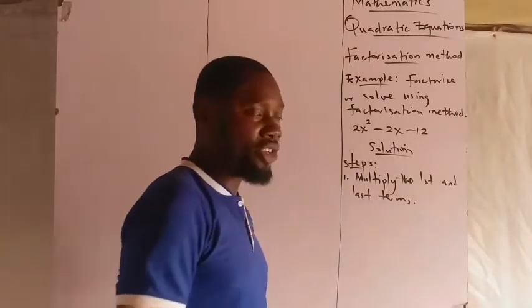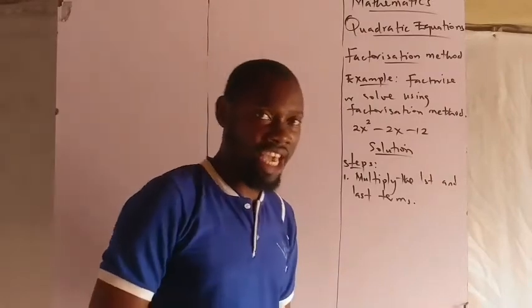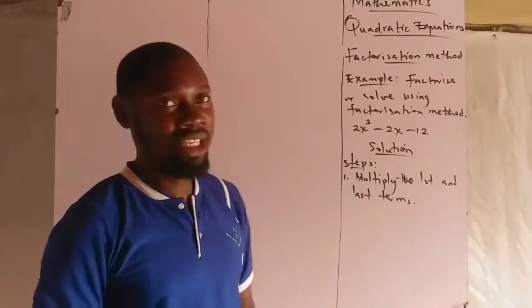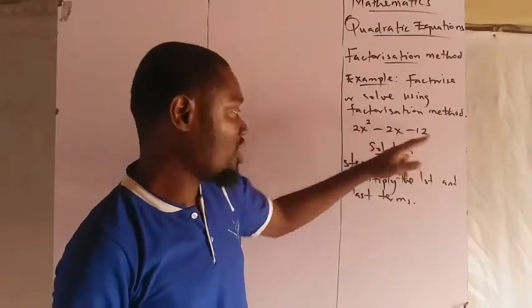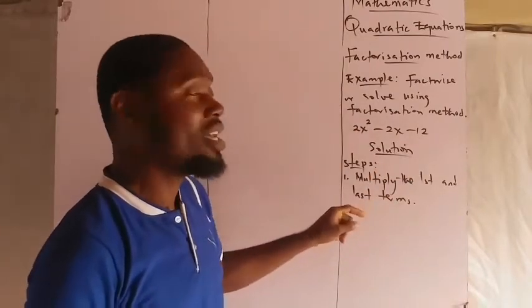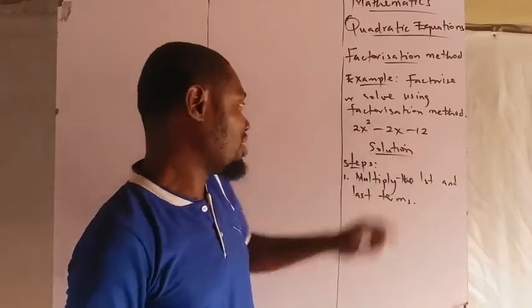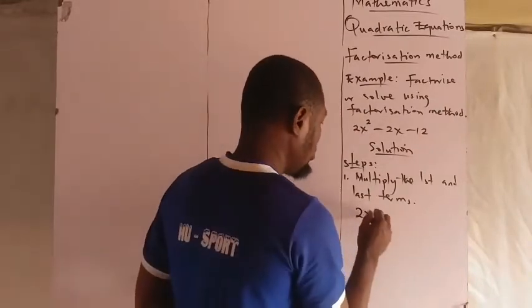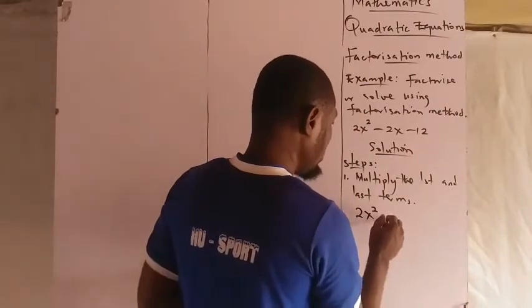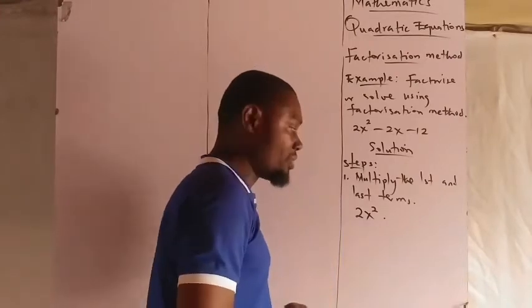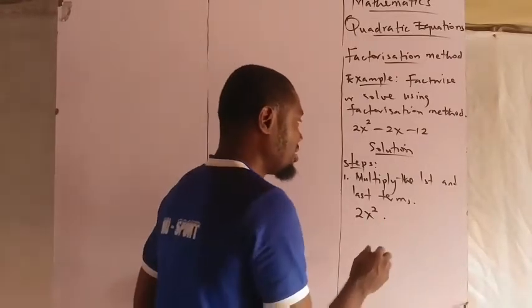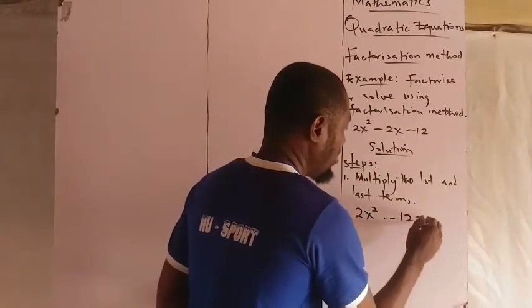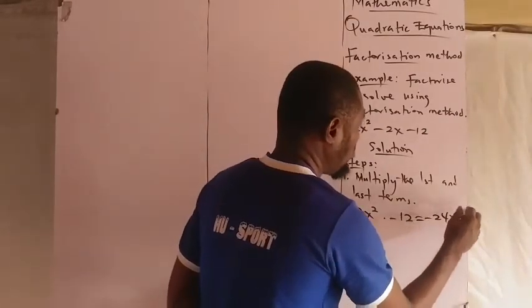We already know your first term, second term, third term, which are the a, b, c in your quadratic equations or expressions. These are a, these are b, and these are c. So if I say multiply the first and the last term, it means multiply this and this. So I will have 2x squared times, let me use a dot as my times, 2x squared times minus 12, that will give us minus 24x squared.